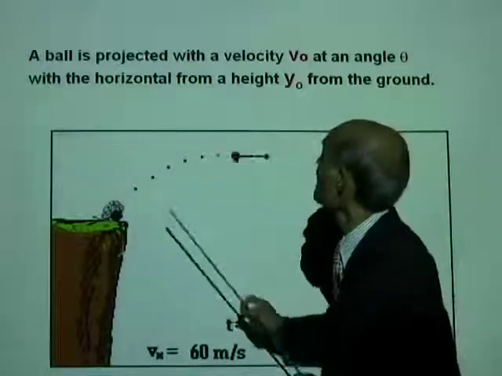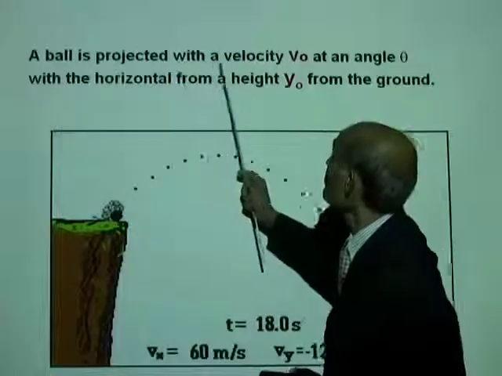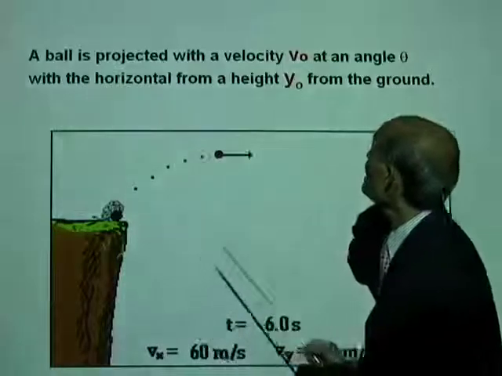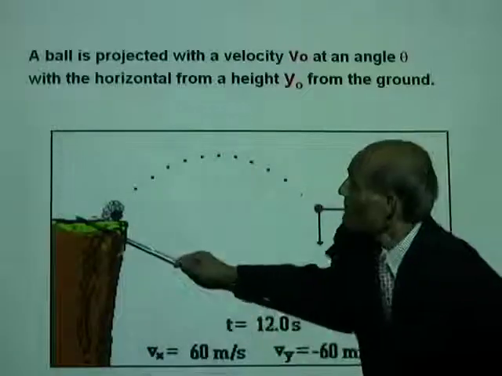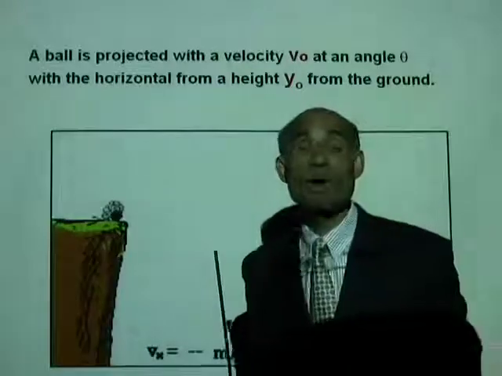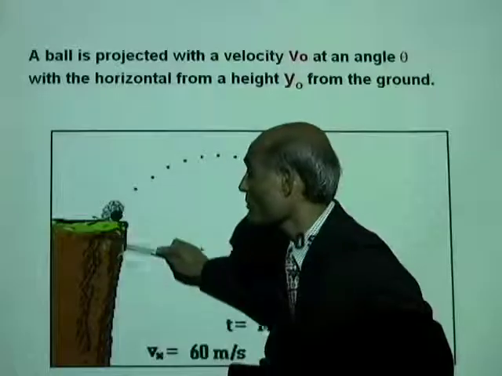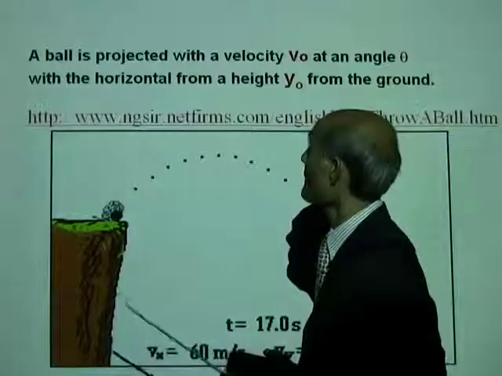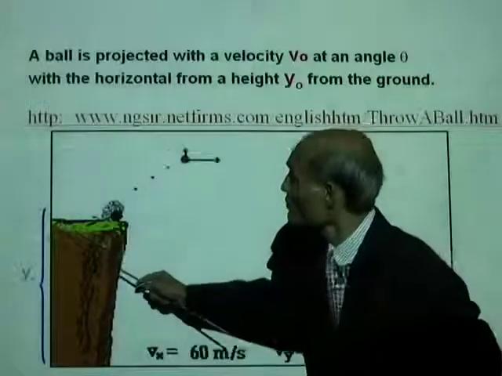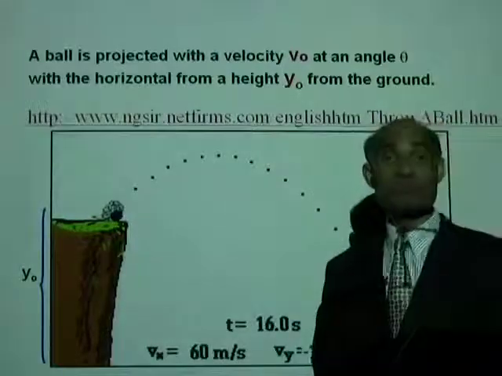Now look at this animation of a projectile at an angle. A ball projected with a velocity v0 at an angle theta with the horizontal from a height y0. This time the ball is not projected from the origin. The ball is projected from a height y0. Alright? So let's have a look at this. This is our y0. So can you now write the y position?